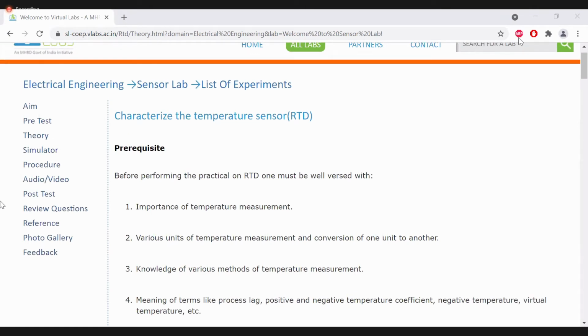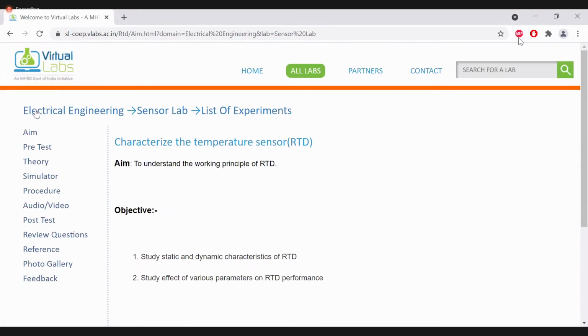Now, students, click on aim. So today's experiment aim is to understand the working principle of RTD. And here we have two parts. First one is analyzing the static characteristics, and second one is dynamic characteristics.